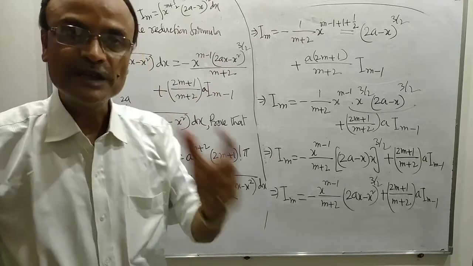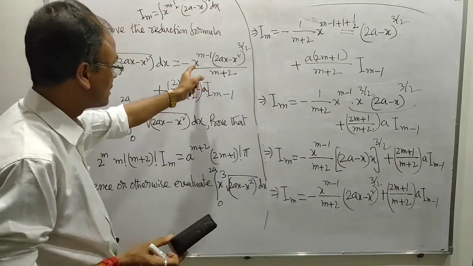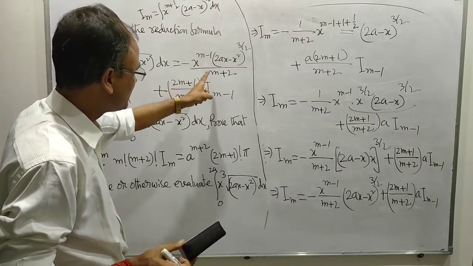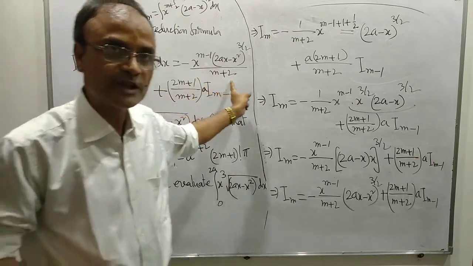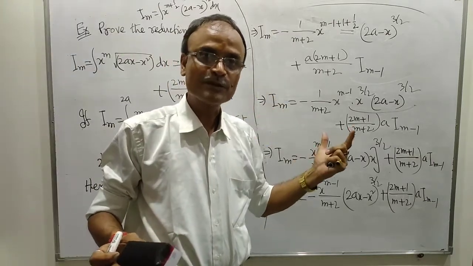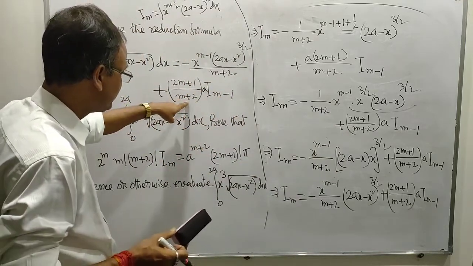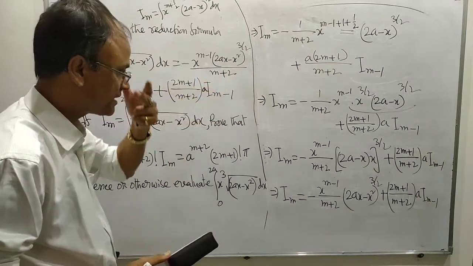I am very sorry, please correct it. The question should have been this. I am very sure that there is an m plus 2 in the denominator, because in this denominator also it must be m plus 2.